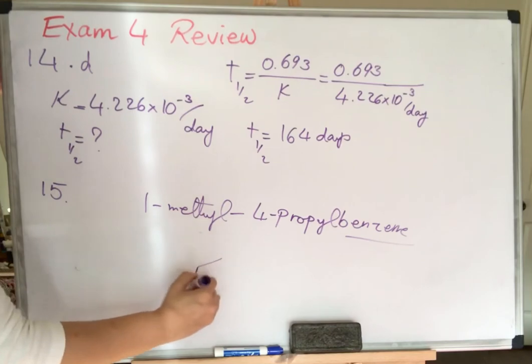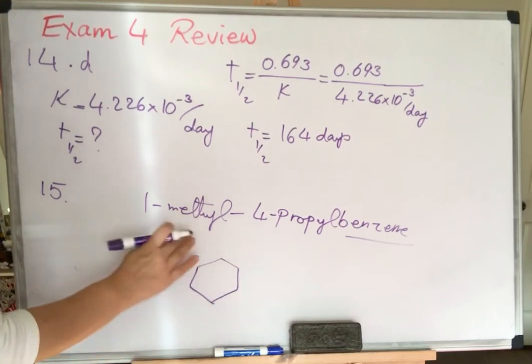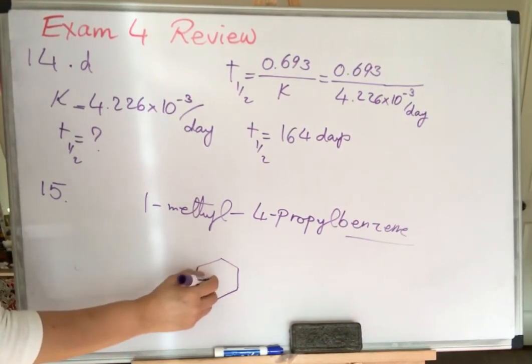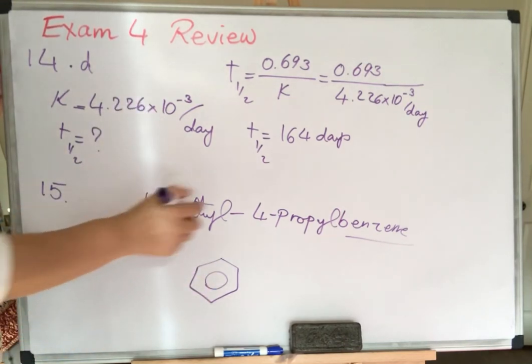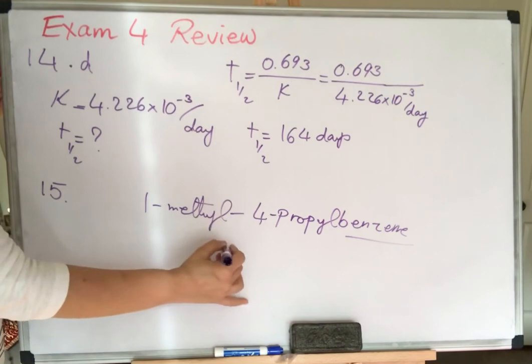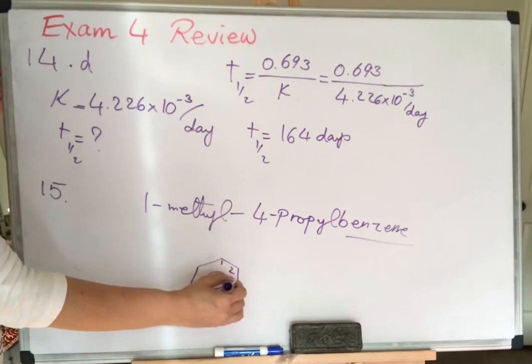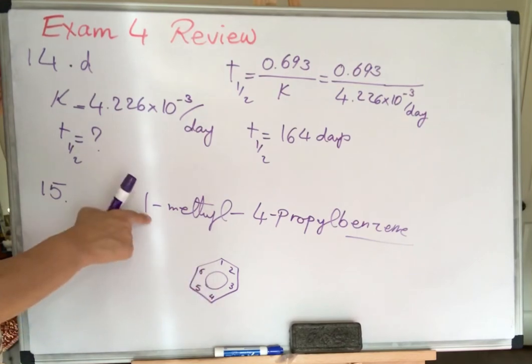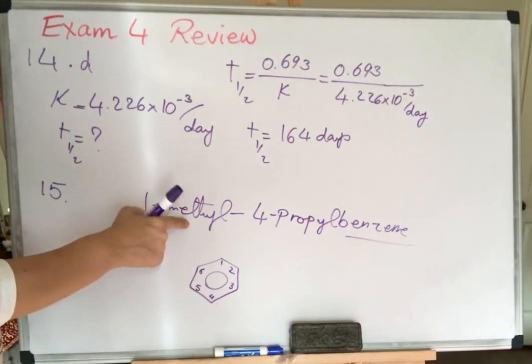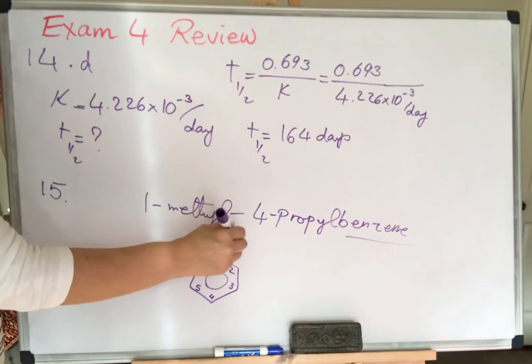Benzene. We need to know the structure for benzene is this hexagon with a circle in it. Then let's go ahead and number our carbons around the ring. There is 1 methyl on the first carbon, CH3.